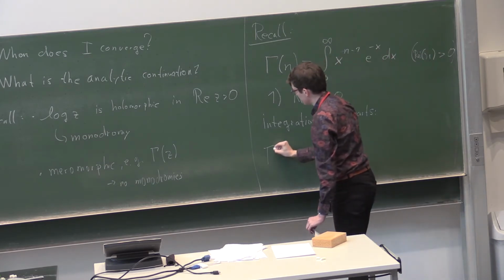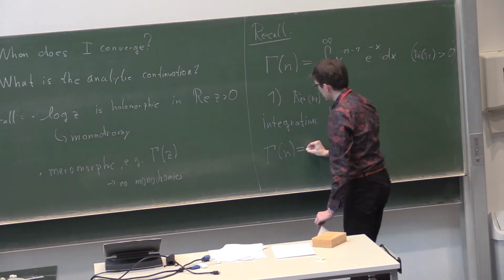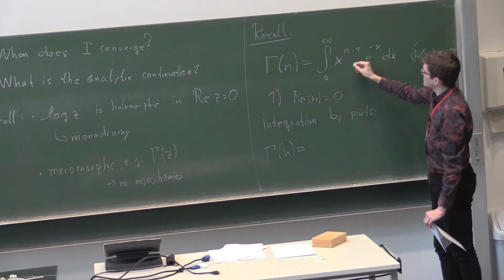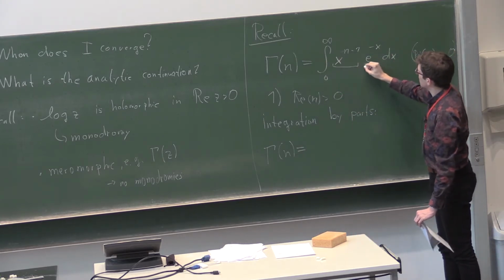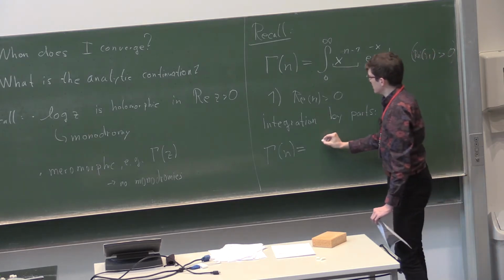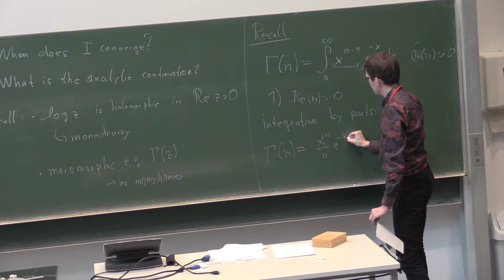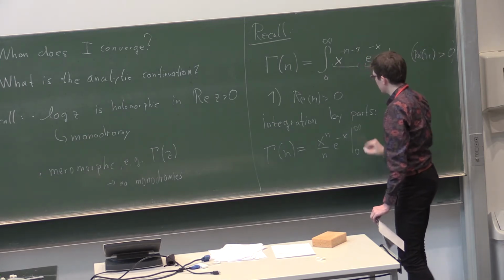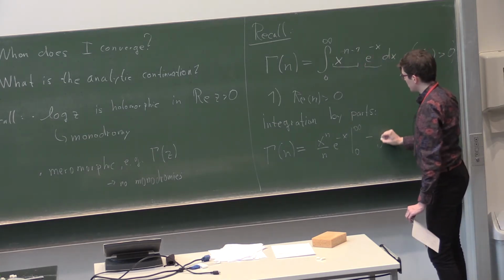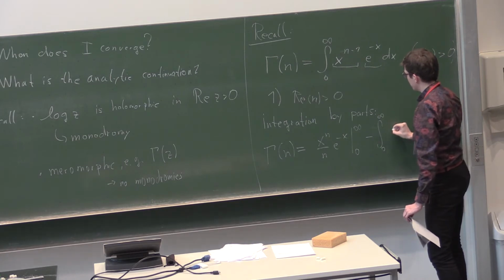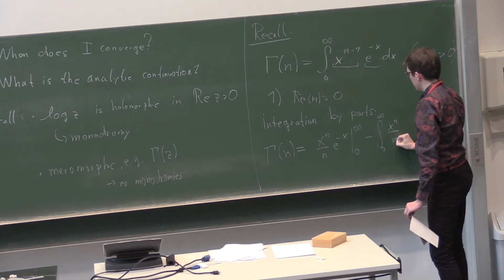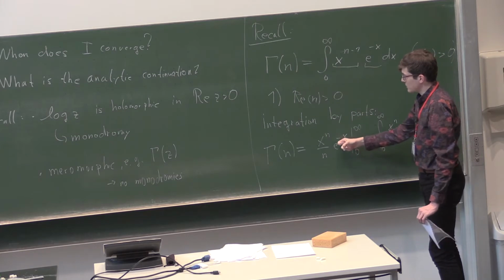Well, you take this integral, and now we just integrate by parts with these two factors in the integrand. So we integrate this one. Then we get x to the n over n, e to the minus x, from 0 to infinity, and then minus the integral where we hit e to the minus x with the derivative.